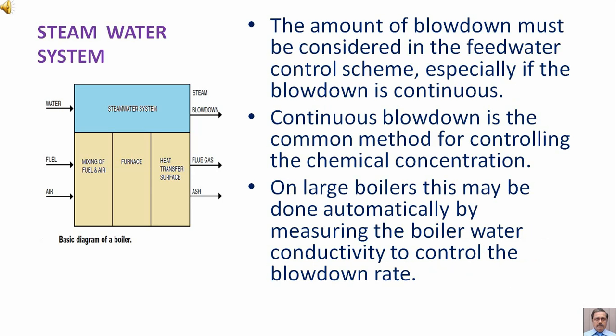Continuous blowdown is the common method for controlling the chemical concentration. On large boilers, this may be done automatically by measuring the boiler water conductivity to control the blowdown rate.